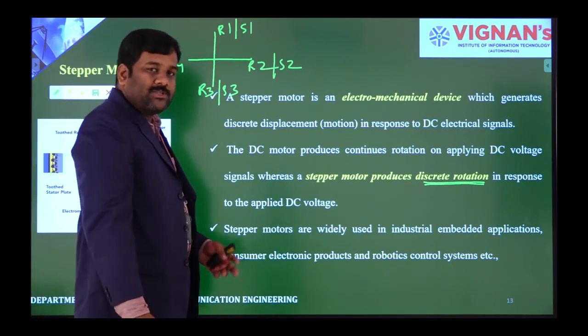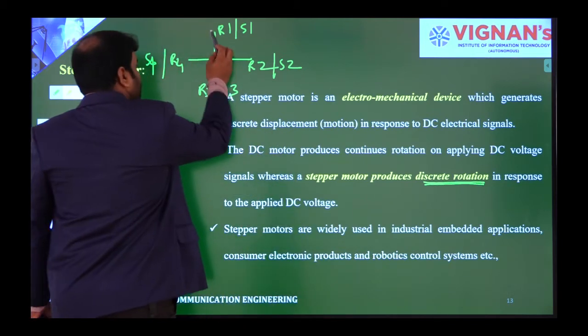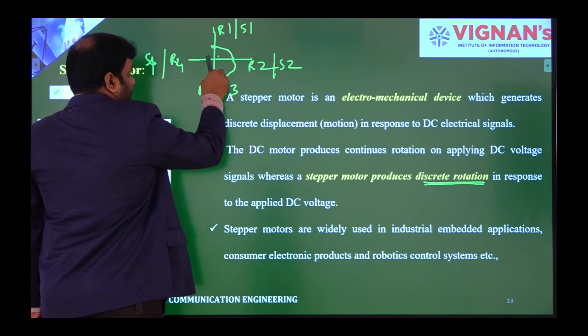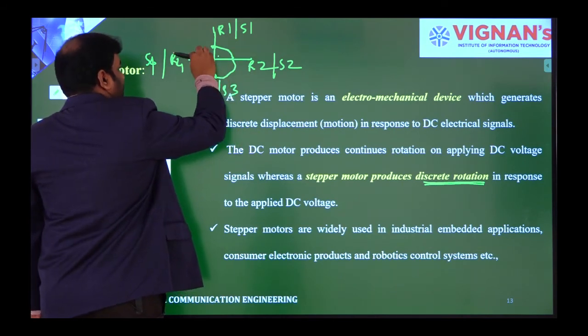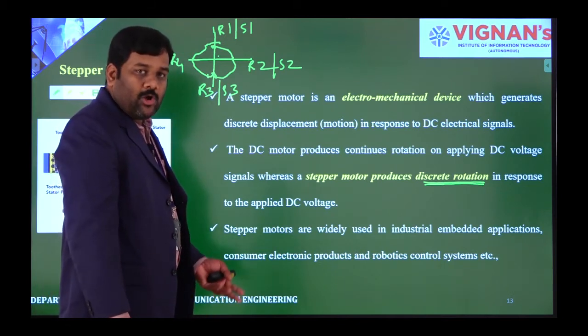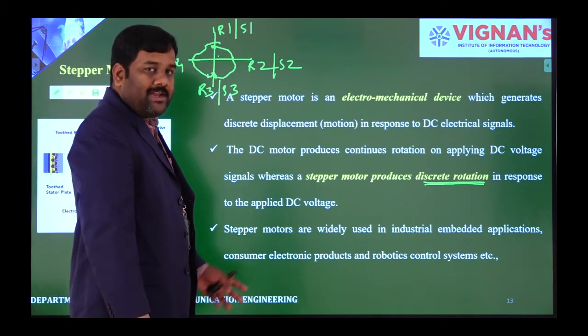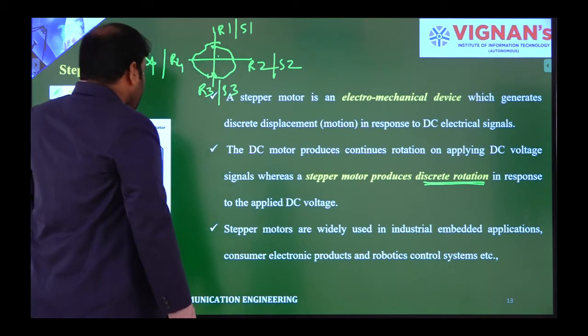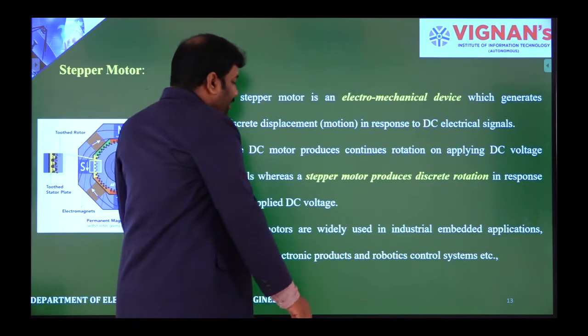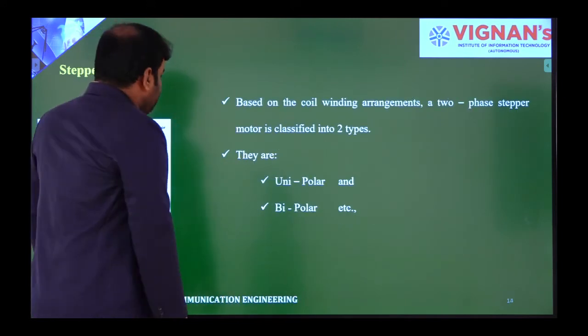Whenever the motor is rotating, it has to rotate from S1 to S2, then S2 to S3, then S3 to S4, and then S4 to S1. It has to rotate either in clockwise direction or anti-clockwise direction. Mostly these motors are useful for robotic control systems and industrial applications.